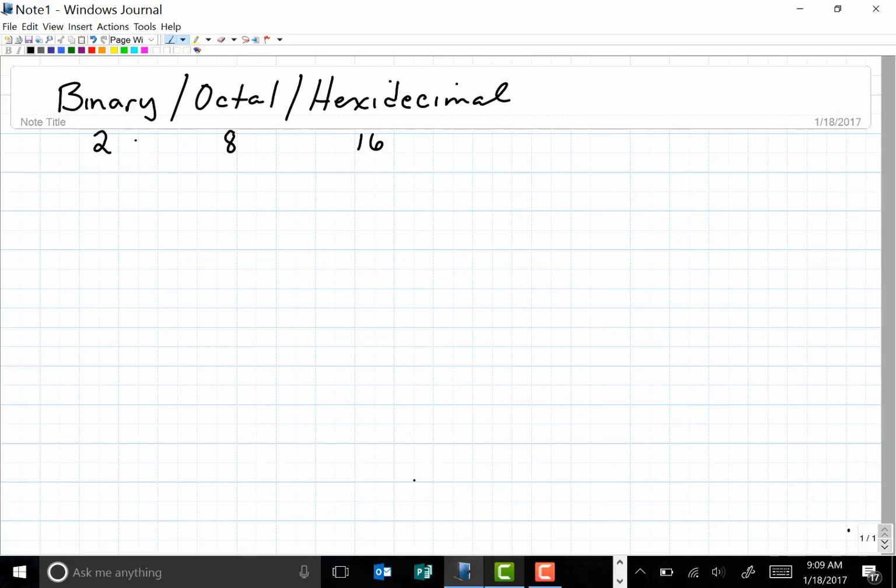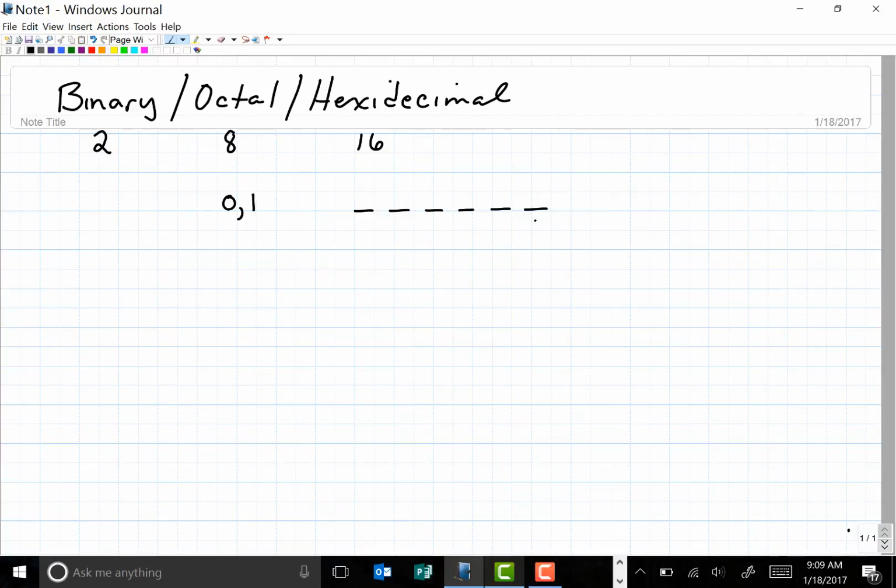We're going to start talking first about the binary system. The binary system, as I said, is a base 2 system, and therefore it has only 2 digits, 0 and 1. Just like any other base, if we have a base 2 system, remember that all of the place values in our number are going to be powers of 2.